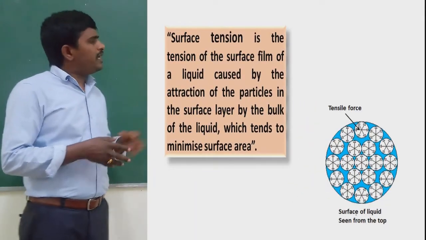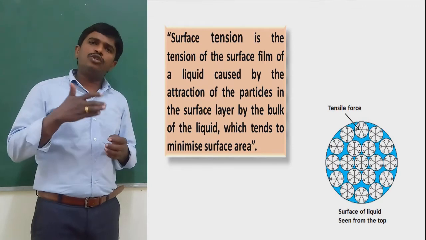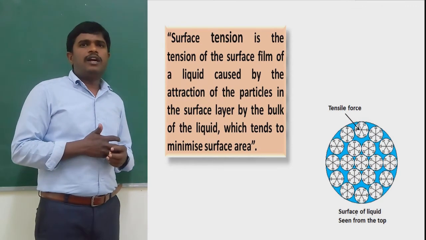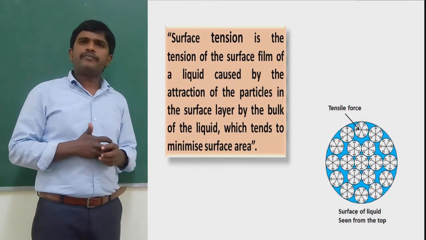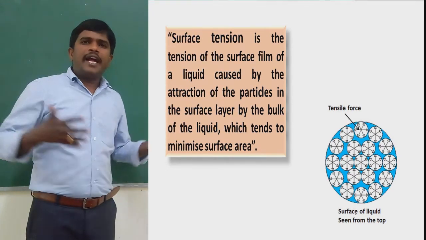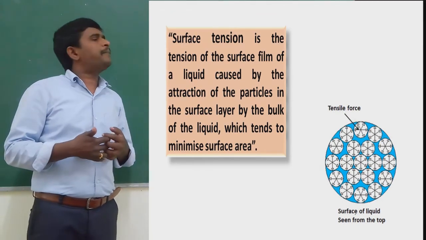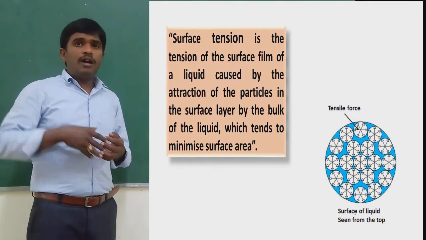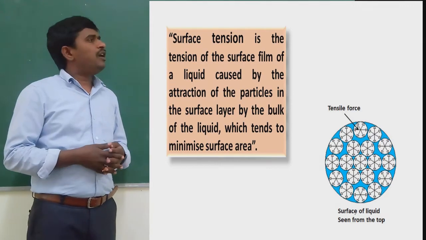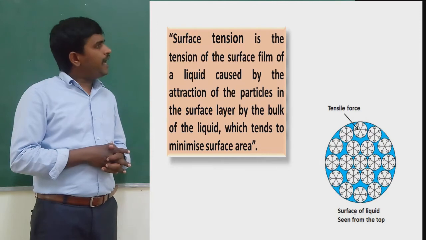So by observing all these points, surface tension can also be defined as the tension of the surface film of a liquid caused by the attraction of particles in the surface layer by the bulk of the liquid, which tends to minimize surface area.